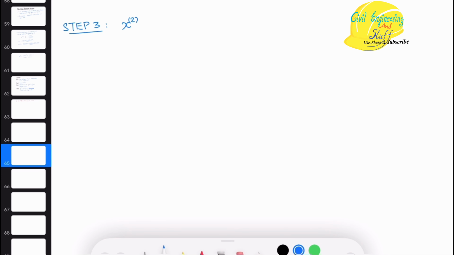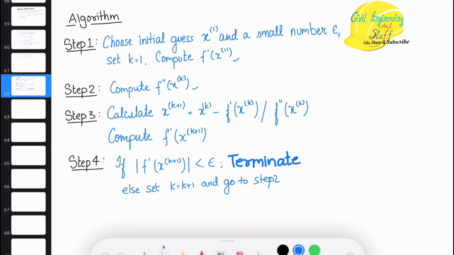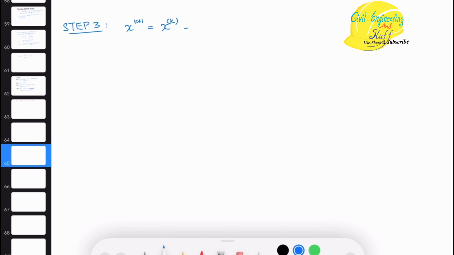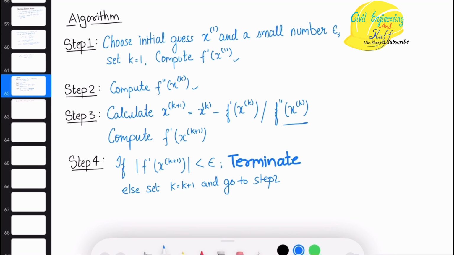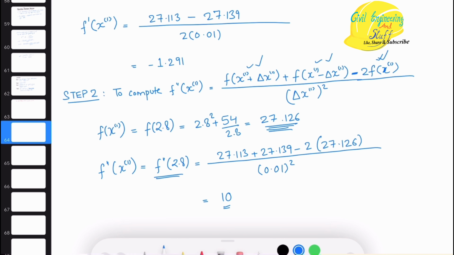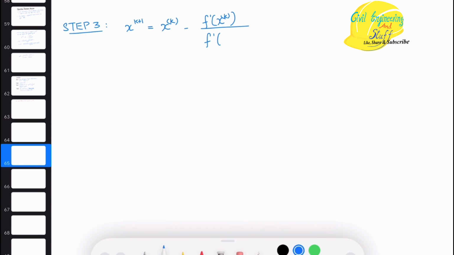First of all, let me write down the formula itself. The formula is x k plus 1 equals xk minus the first derivative of xk divided by the second derivative of xk.